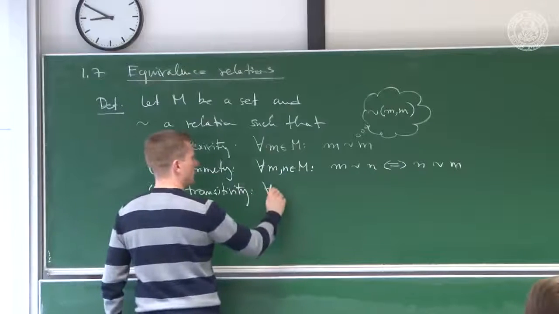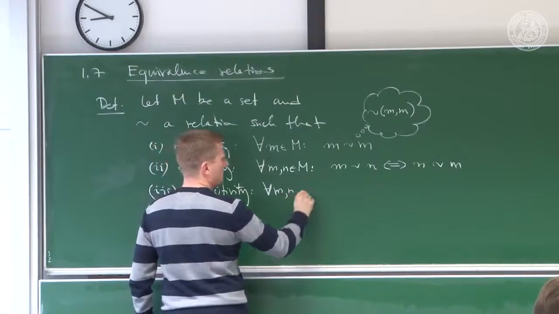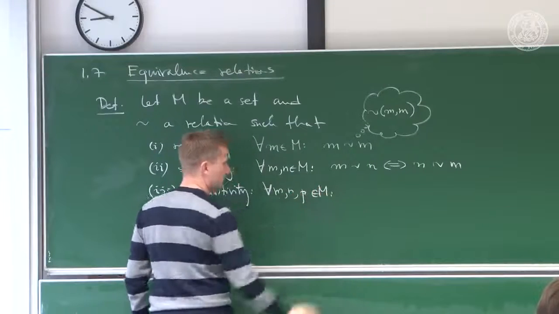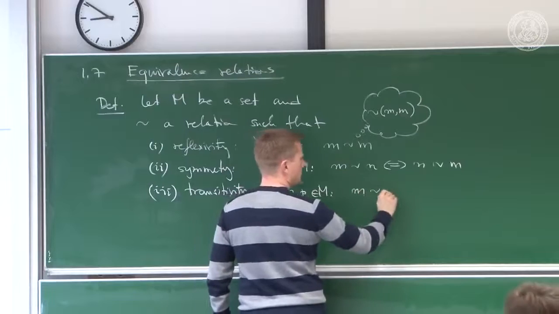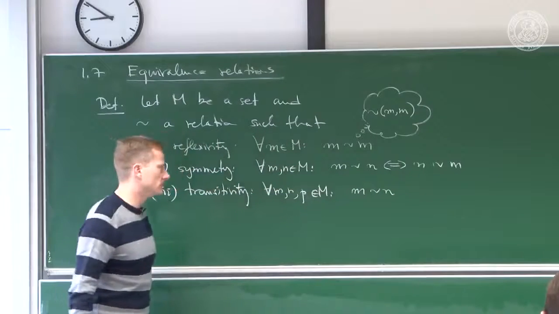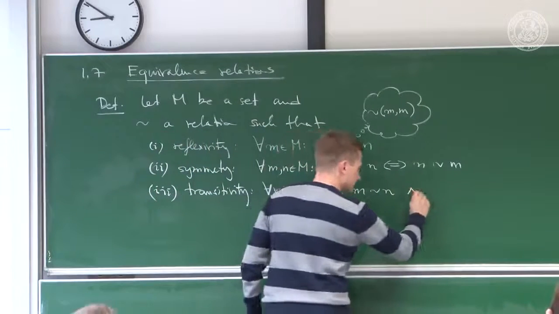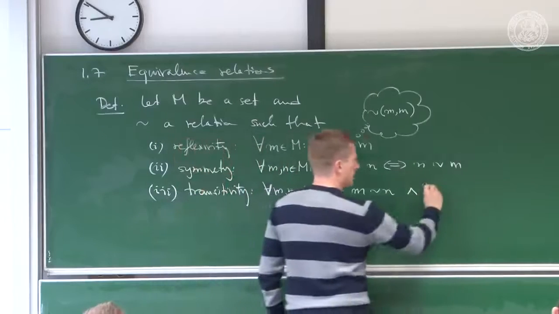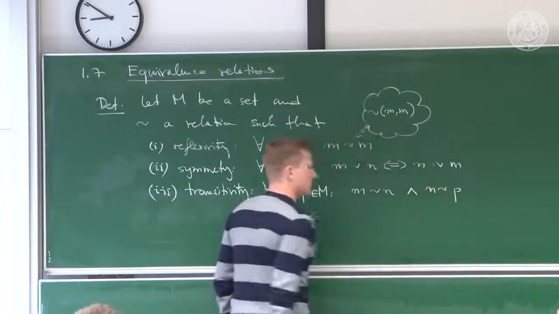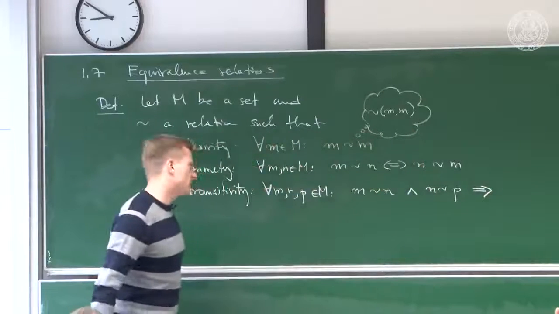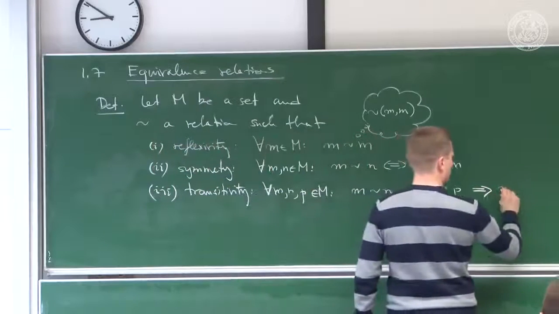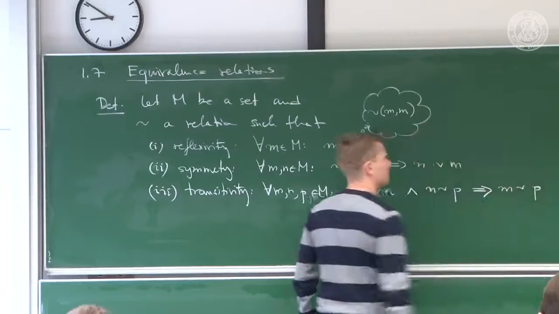Transitivity means that for all m, n, and p in the set M, if it's clear that m ~ n is true, and additionally n ~ p is true, then it must be true that from this it follows m ~ p.